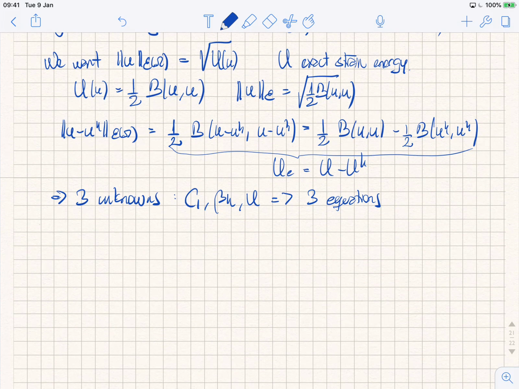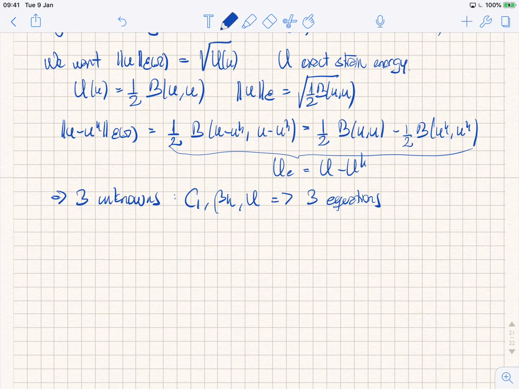You take the first solution, and the strain energy for that first solution: U minus U_h0 is equal to C1 squared. Keep in mind that now I'm squaring everything, so that's why I have this U minus U_h0 here to the left. So I have to square the other side as well. So it's h0 to the 2 beta_h, and then U. This is going to be my first equation.